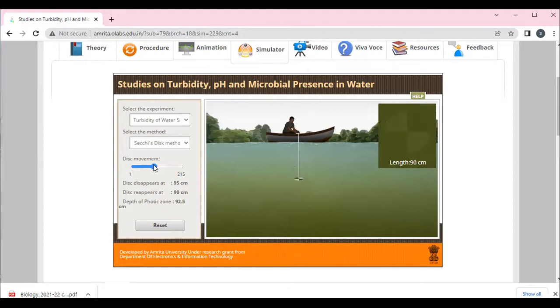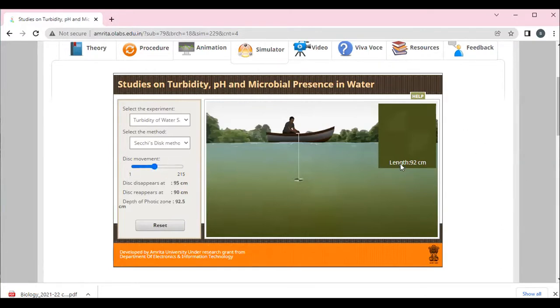This is nearly at 92. It's visible 94, 93, 94. So this is 94 centimeters totally disappearing, and 92 it was last appeared, right? Lightly appeared. Then you have to apply the formula and take the average.